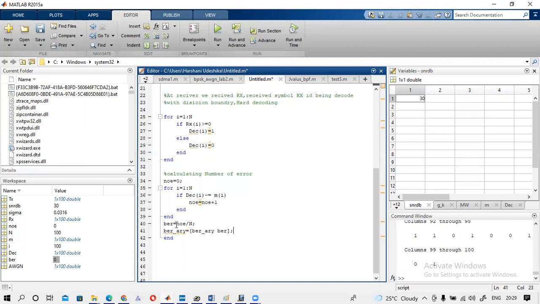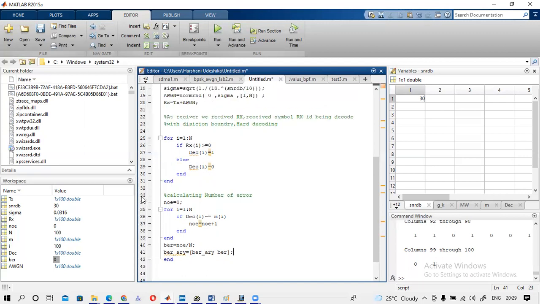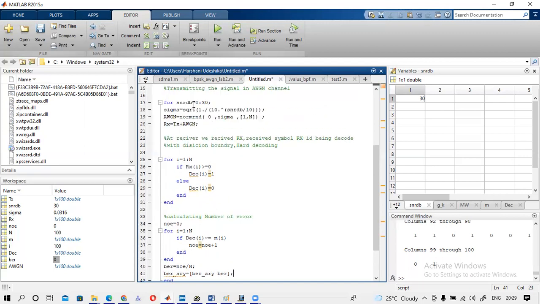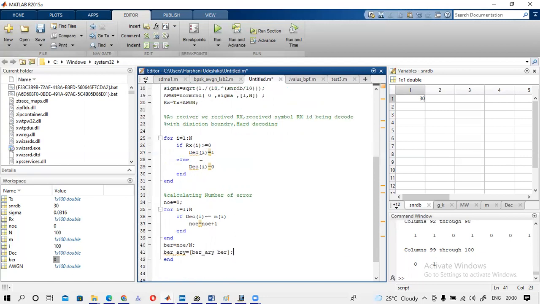Then again it goes to this for loop. Now SNRDB is 1. In the same manner, you calculate sigma, AWGN, RX, then you calculate the detected bits, then you compare the detected bits. The number of errors and the bit error rate are calculated here, and you put that value again here.